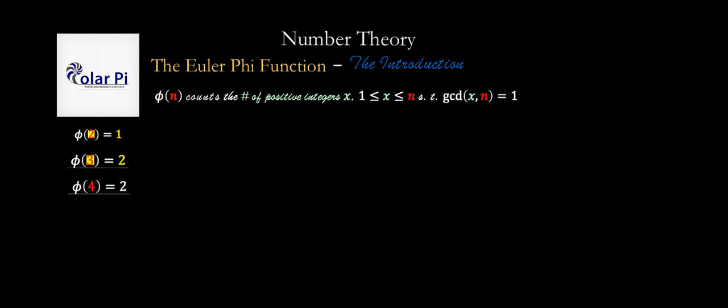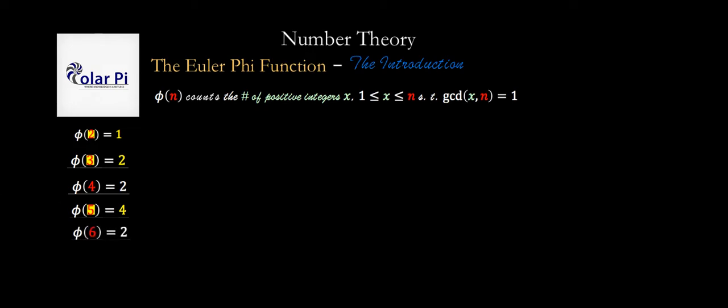Okay. Phi of 4 is 2 because the list here is 1, 2, 3, and 4, and only 1 and 3 do not share a common factor with 4. And phi of 5 is 4 because the list this time is 1, 2, 3, 4, 5, and 1, 2, 3, and 4 do not share a common factor with 5. So there's 4 of them.